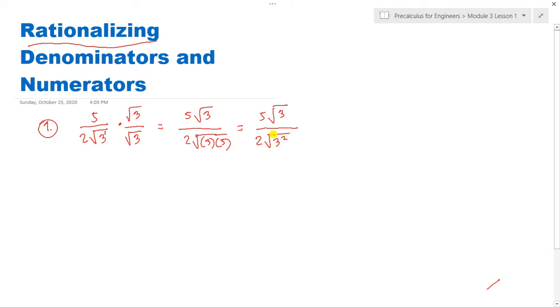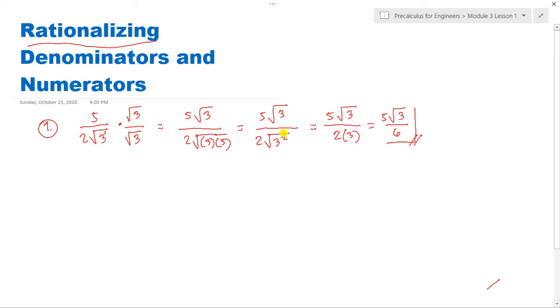Since the exponent and the index are the same, they cancel. What's left in the numerator is still 5 square root of 3. In the denominator, the 3 can be extracted outside, so the answer is 2 times 3. This is equal to 5 square root of 3 all over 6. So this is our rationalized form.